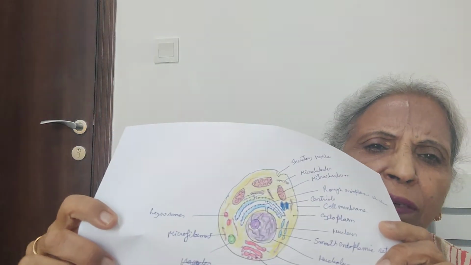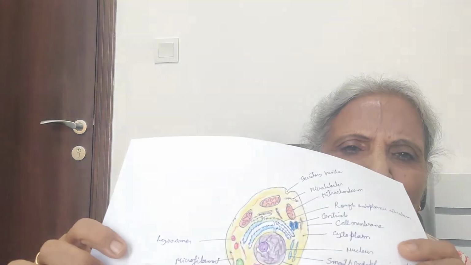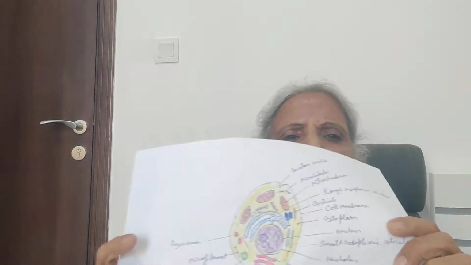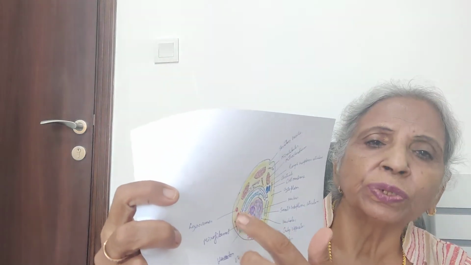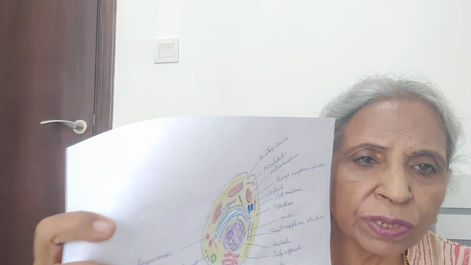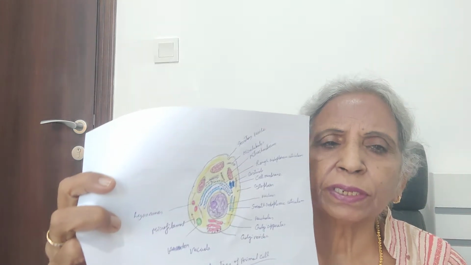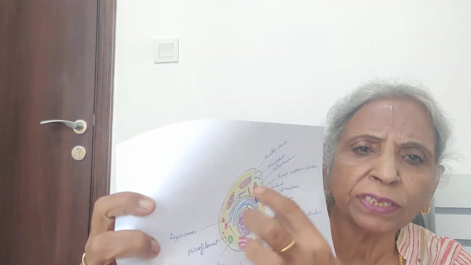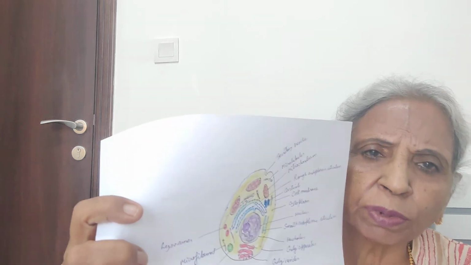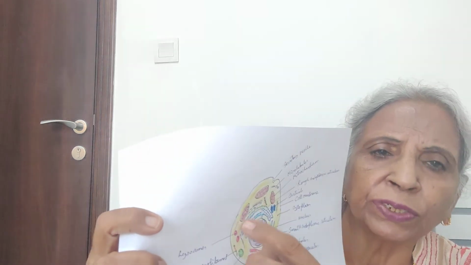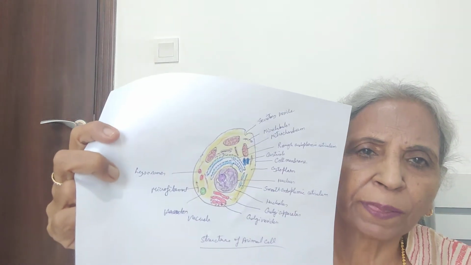As the name suggests, rough endoplasmic reticulum is rough in appearance. Why are they rough in appearance? Because ribosomes are present on their outer surface. Actually, they are membranous tube-like structures.